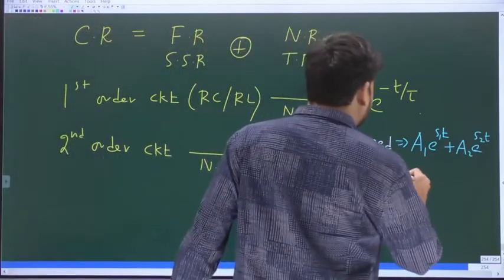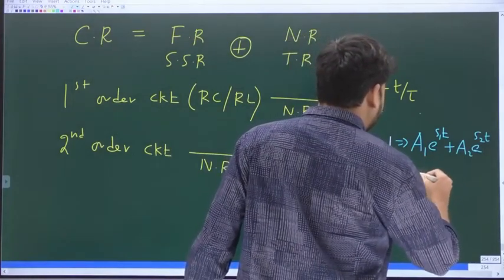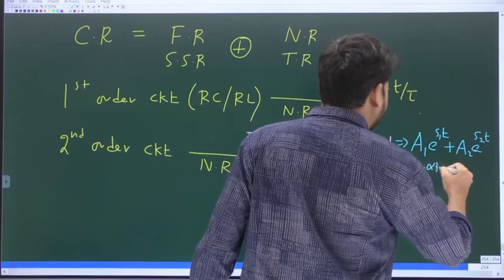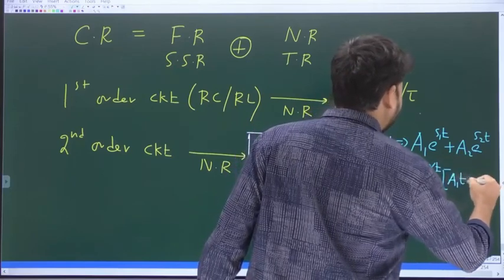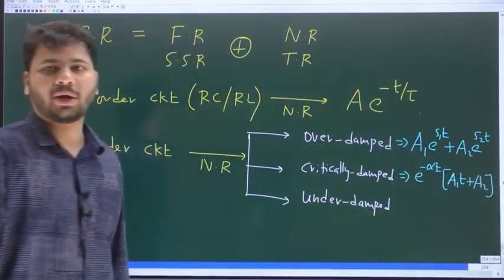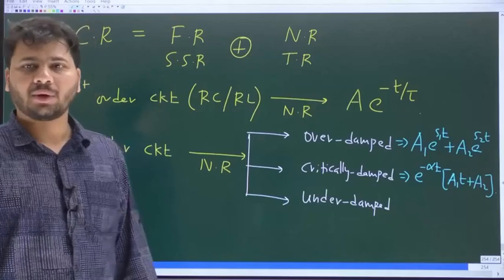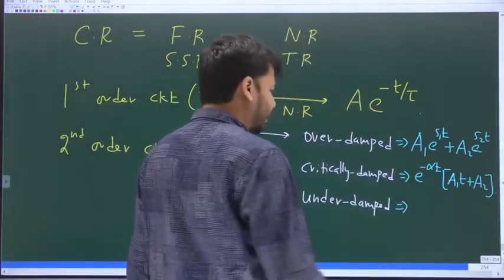And what about the critically damped case? Will it not be something like e power minus alpha t times a1t plus a2? And what about the underdamped case?